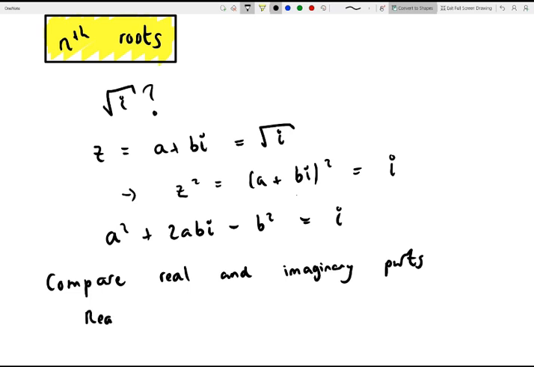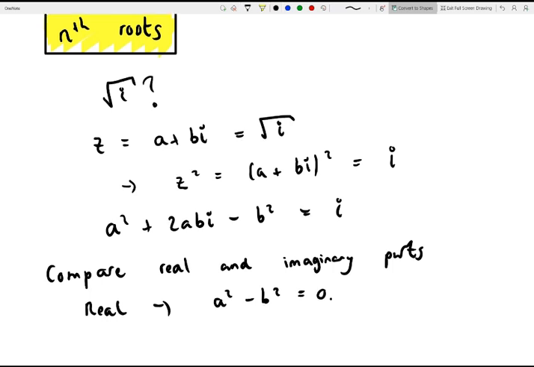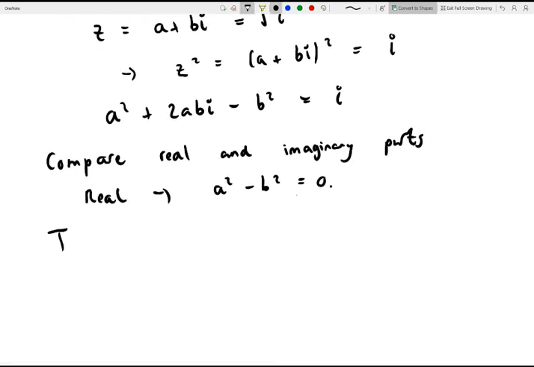The real parts tell us that a squared minus b squared is equal to 0, and the imaginary parts tell us that 2ab is equal to 1.